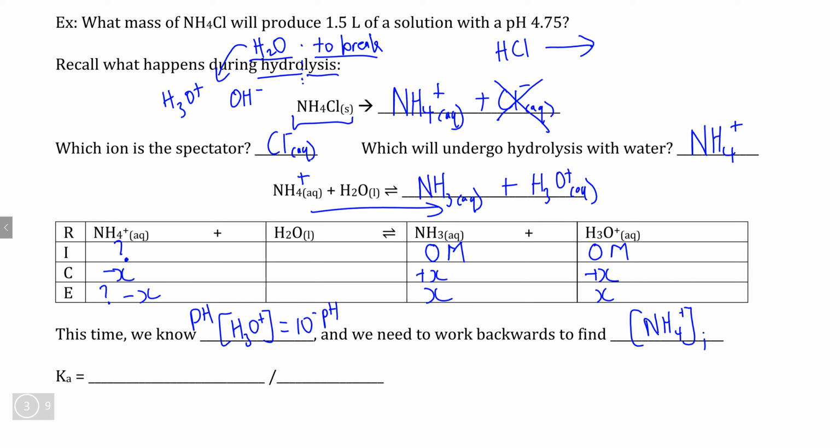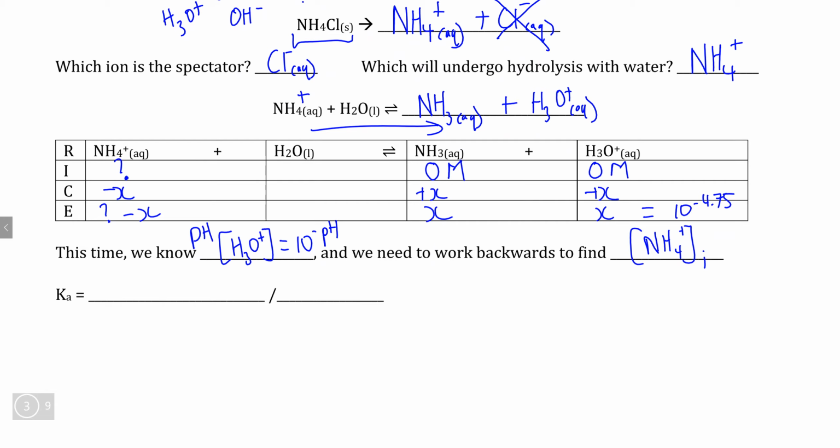However, since we know what x is, we know that x is equal to 10 to the negative 4.75, which is our indicated pH here. We actually have enough information to back calculate what the original concentration was. So let's begin by writing out our Ka expression and going to our data table to find the actual numeric value.